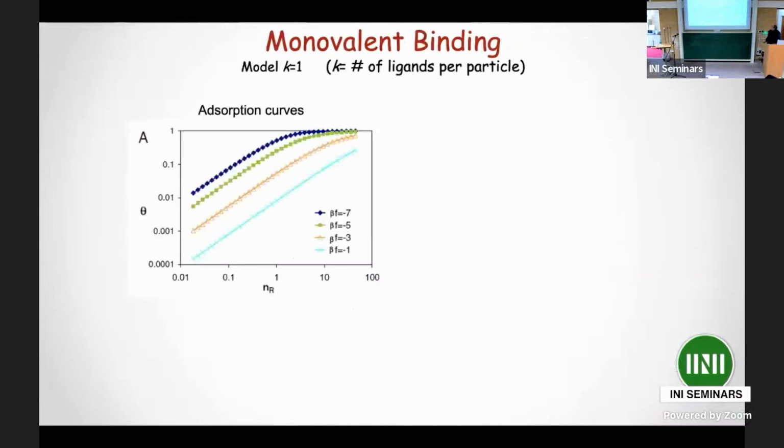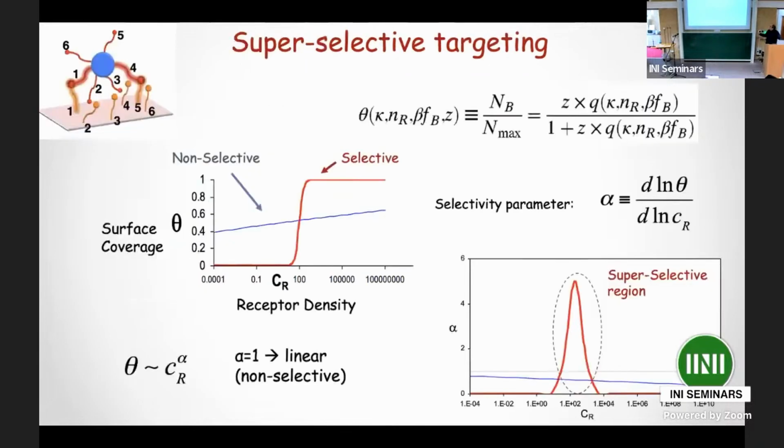Okay, so now the first work on this was done by Francisco Martinez Veracoechea, who was a postdoc of Daan Frenkel, and he explored how you could achieve such a super selective response.